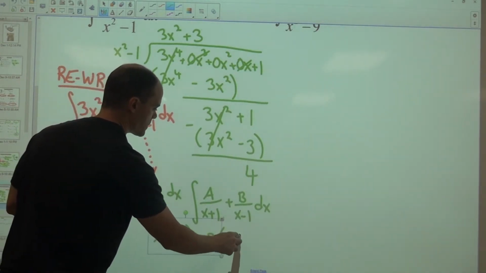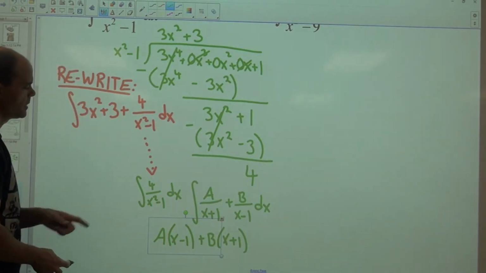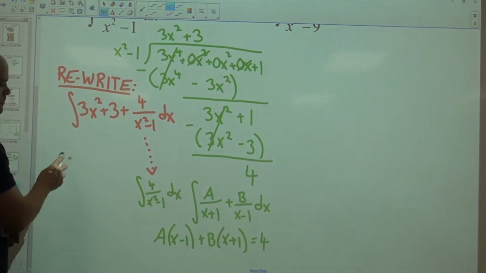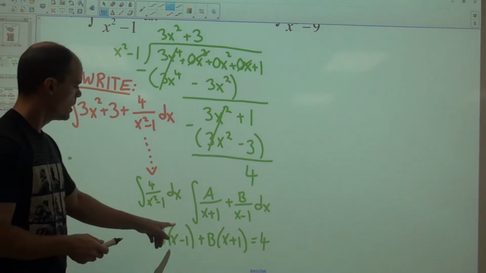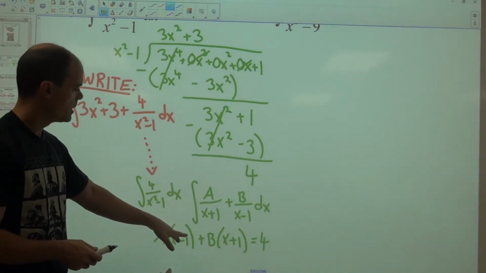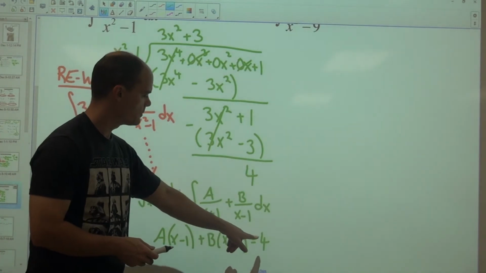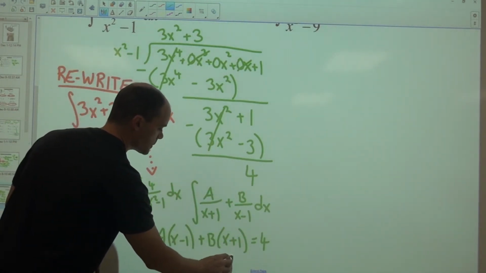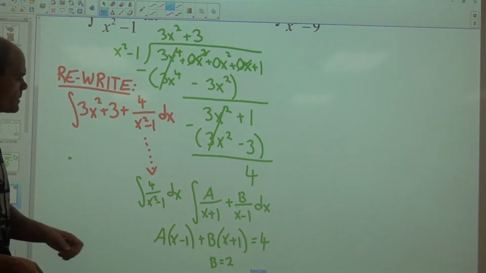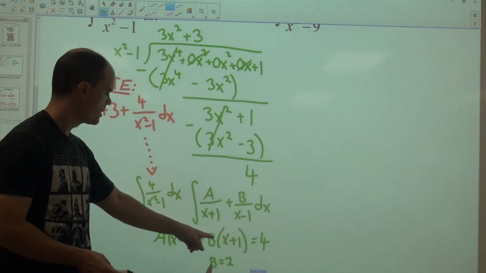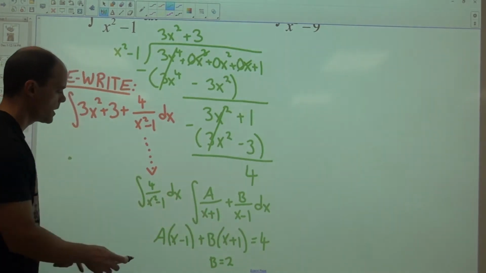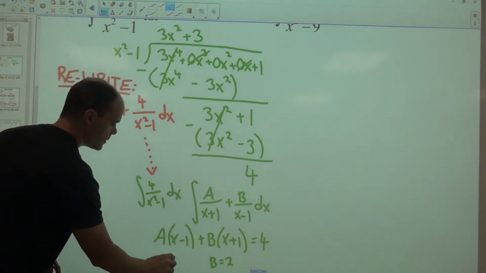Bx plus 1, and then I need this equal to 4. So if I choose 1, this goes away, and I'll get 2b equals 4. So b equals 2. If I choose negative 1, this goes away. I'll get negative 2a equals 4. So a is going to equal negative 2.